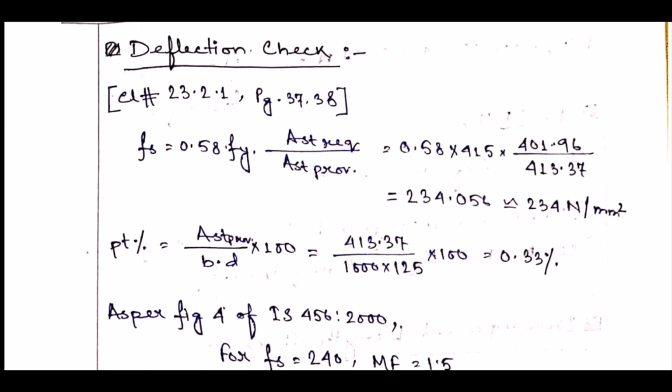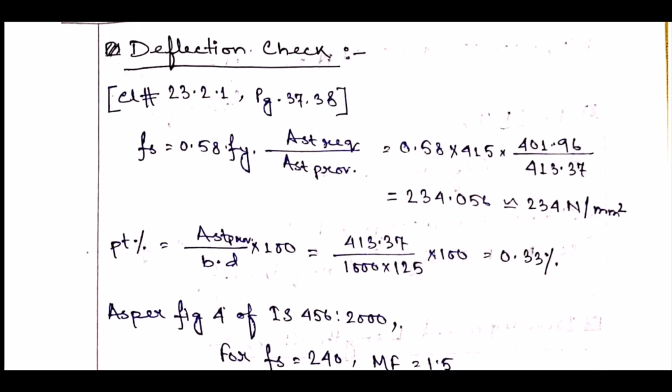The formula is Fs is equals to 0.58 Fy into AST required by AST provided. So that is equals to 0.58 into Fy is 415 into AST required is 401.96 by AST provided is 413.37. We know these values. So that is equals to 234.056, or this is equals to 234 Newton per millimeter square.